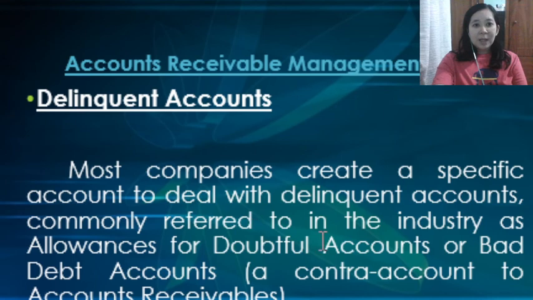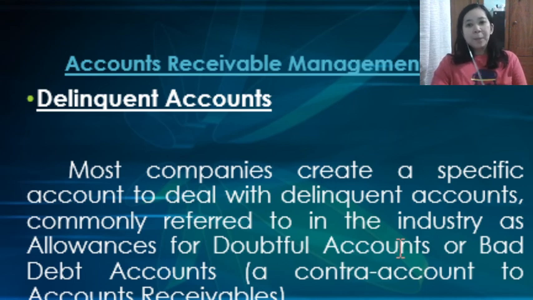Most companies create a specific account to deal with these delinquent accounts. Normally they set up allowances for doubtful accounts or bad debts accounts. These are contra asset accounts of your accounts receivable because they have the effect of reducing your AR balance.